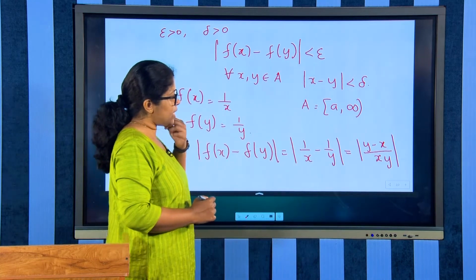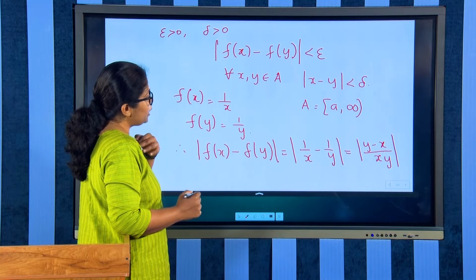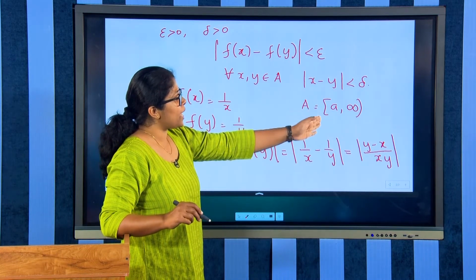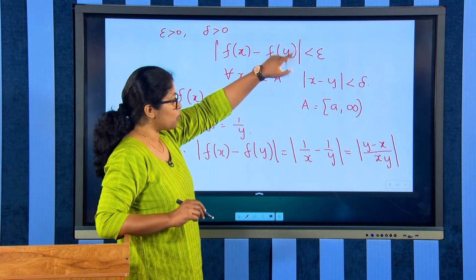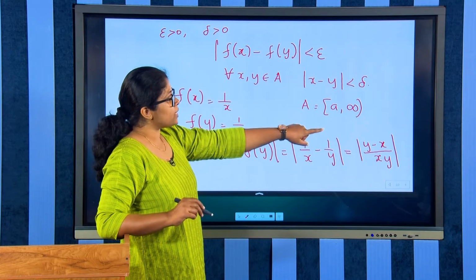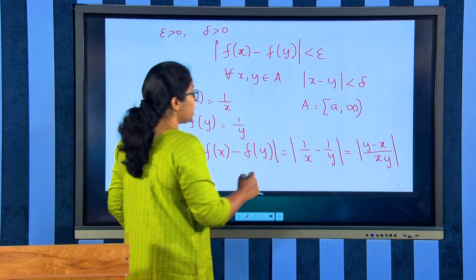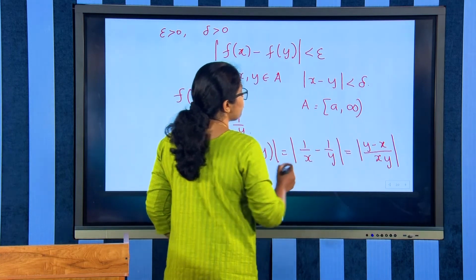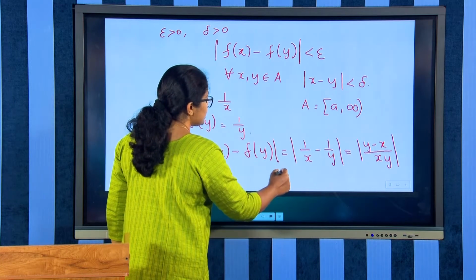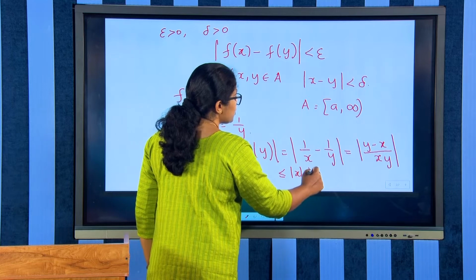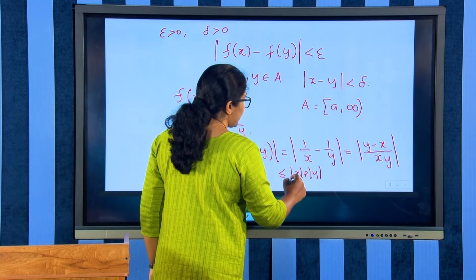and we can see that this is from a to infinity, and so x and y are greater than or equal to a, and therefore we can replace this modulus of y minus x, which is less than or equal to modulus of x plus modulus of y, upon 1 by xy.